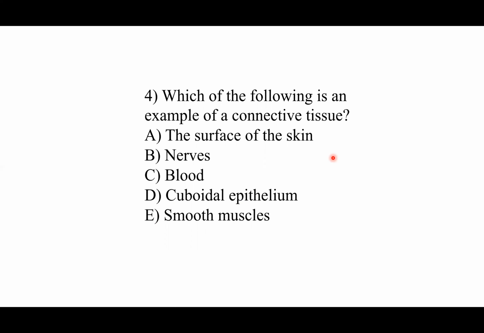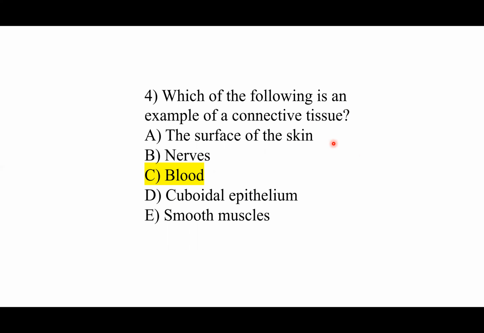Which of the following is an example of a connective tissue? C, blood. So you need to remember what connective tissues are. They're cells loosely arranged in a matrix of extracellular fibers. So for A, the surface of the skin covers the body.